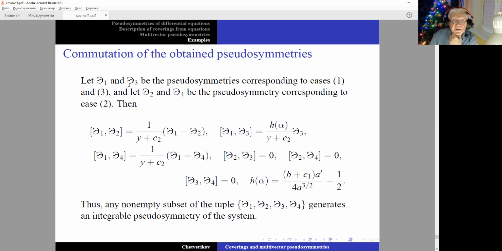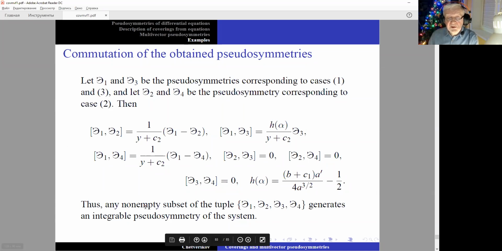Let A1 and A3 denote the pseudosymmetries corresponding to cases 1 and 3 correspondingly, and let A2 and A4 denote the pseudosymmetries corresponding to case 2. Then we have this relation.